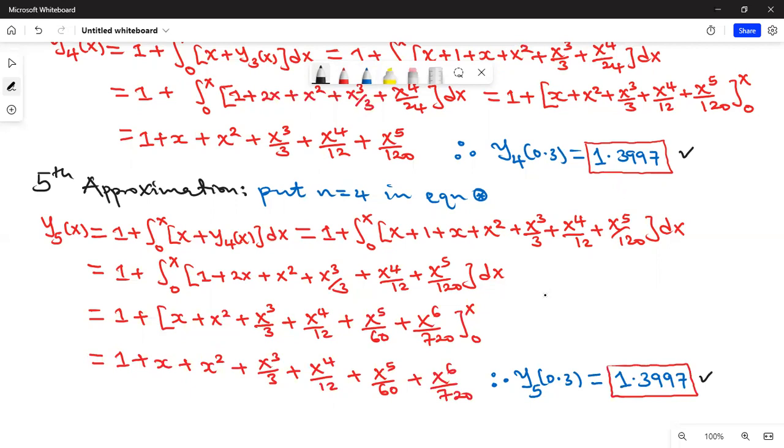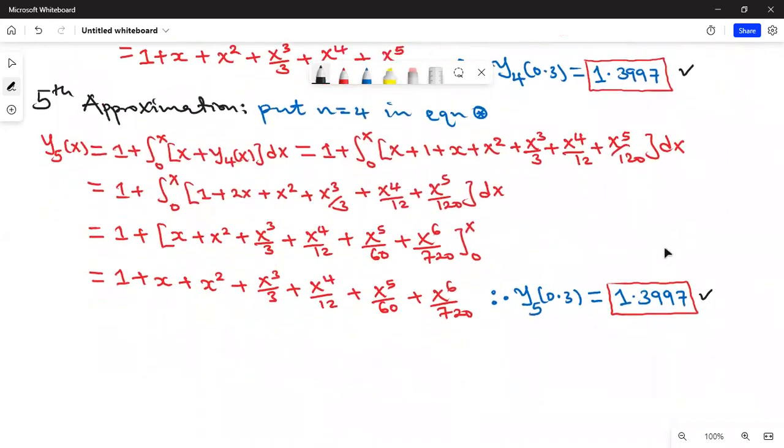And so it means even if you proceed to the 6th approximation, 7th approximation, etc., you are going to get the same constant value. So this means that we stop here, and therefore, let me use another color.